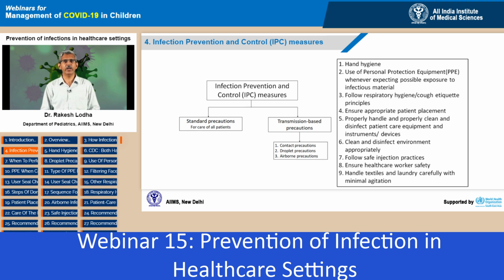Standard precautions should be followed while taking care of all patients and include the following: hand hygiene, use of personal protection equipment whenever expecting a possible exposure to infectious material, following respiratory hygiene and cough etiquette principles, ensure appropriate patient placement, properly handle and properly clean and disinfect patient care equipment and instruments or devices, clean and disinfect environment properly, follow safe injection practices, ensure healthcare worker safety including proper handling of needles and other sharps, handle textiles and laundry carefully with minimum agitation.